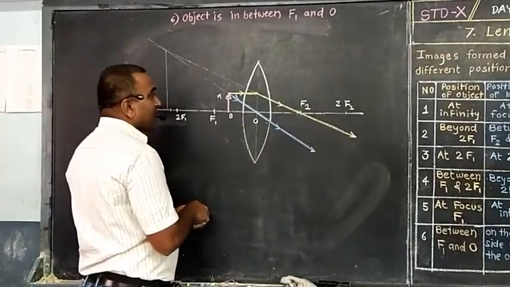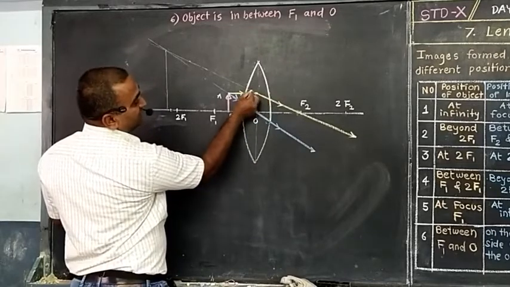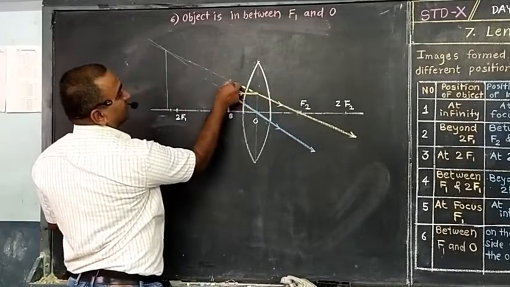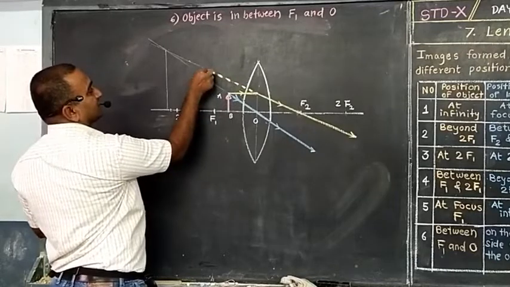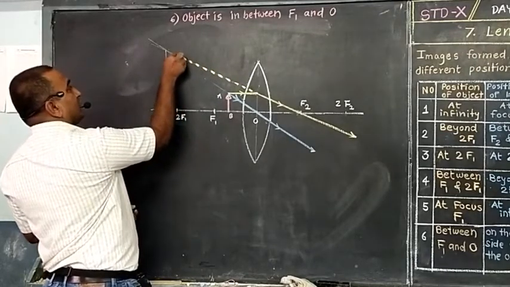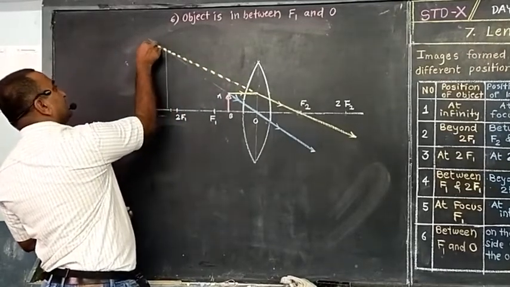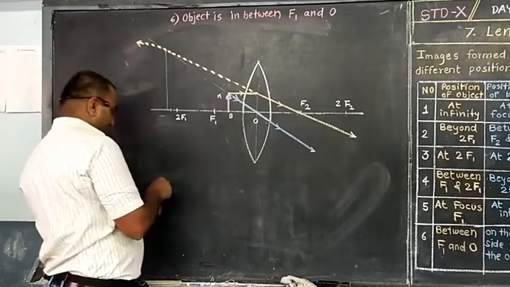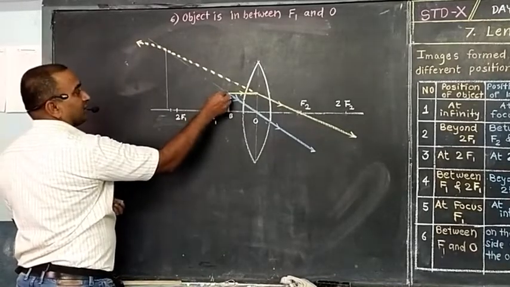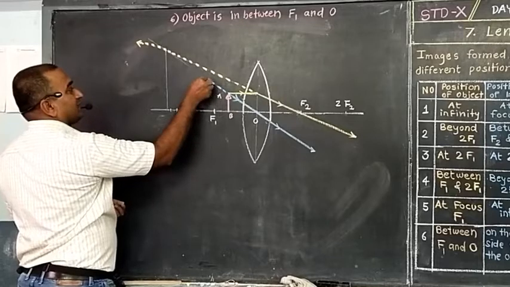So when we extend these lines backward as imaginary lines, see here, we are extending these lines backward. We are getting one amazing thing here. That is the first ray, and the second ray is also extended backward.